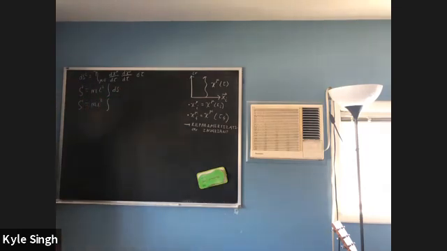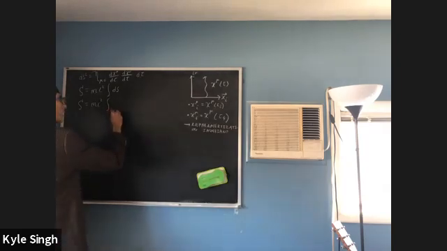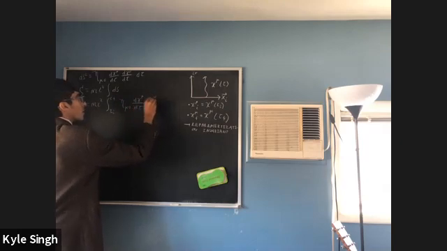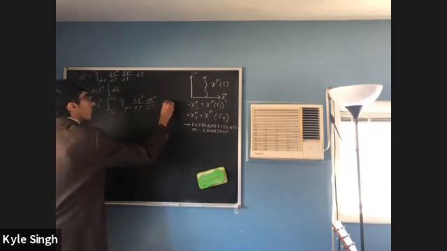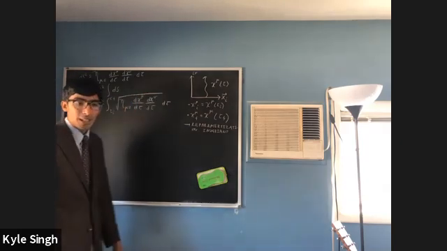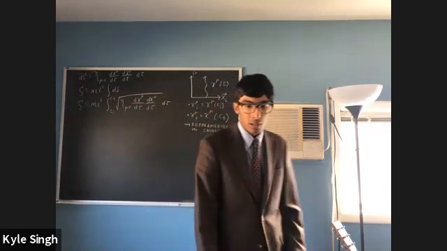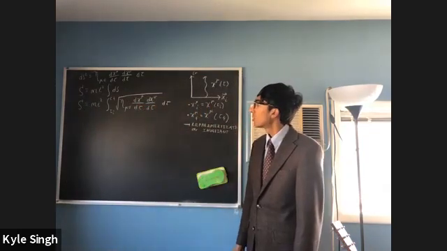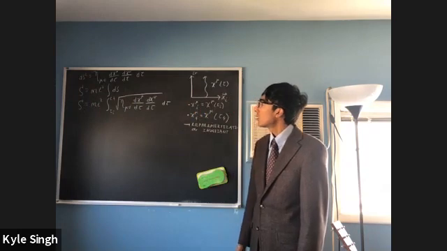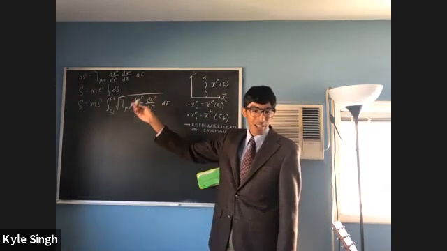Integral from tau I to tau f of eta mu nu dx mu d tau dx nu d tau, integral over tau, square root, right? Because it's ds, not ds squared. Does this all make sense, how I got this action?